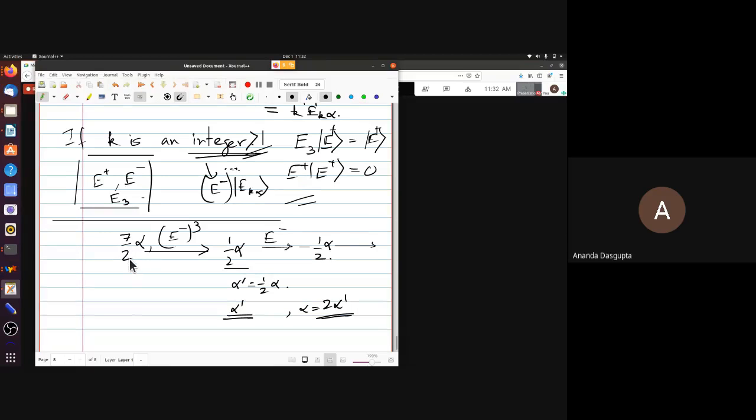But if you have a half odd integer multiple, then you will have half alpha. Fine, that's a root, not a problem. But if that is a root, then alpha cannot be a root. So because we started by assuming that alpha is a root, 7/2 alpha or any half integer value is out. Okay. So a multiple of a root cannot be a root.